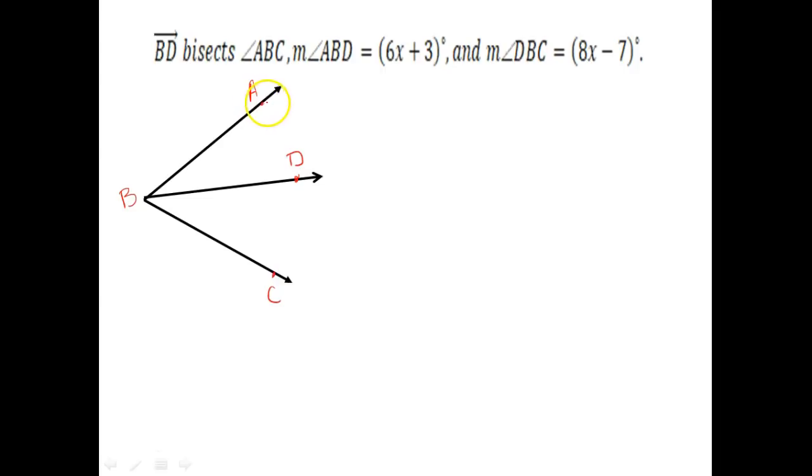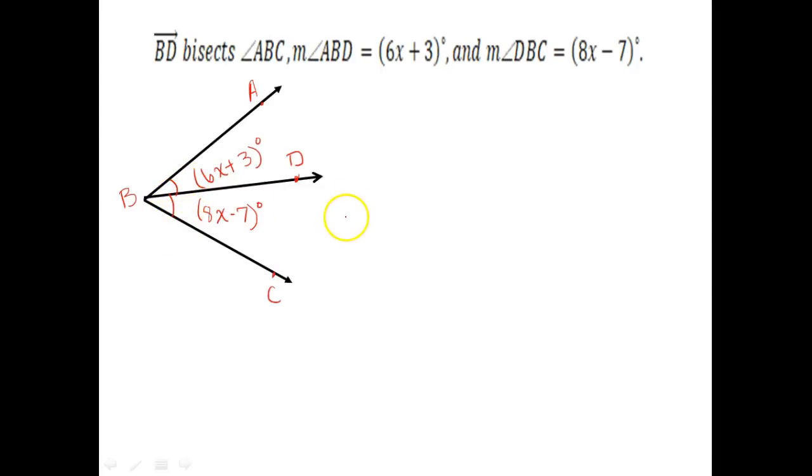It tells me that the measure of angle ABD is 6x plus 3 degrees, and the measure of angle DBC is 8x minus 7 degrees. I know these two angles are congruent because it says it bisected it, and the result of being bisected is that now you have two congruent angles.